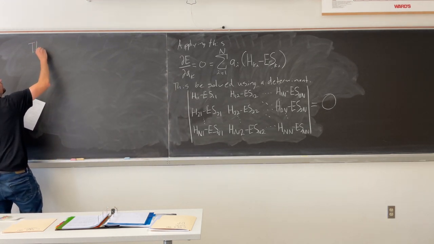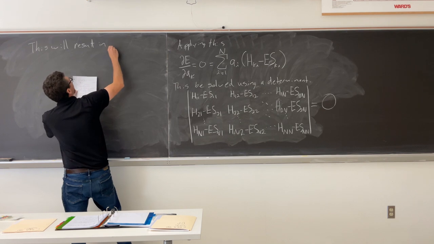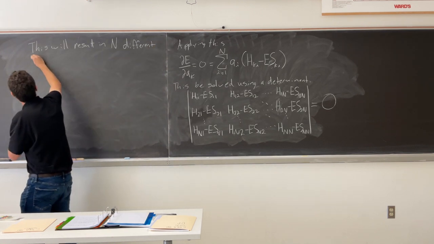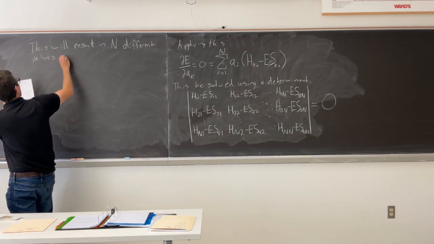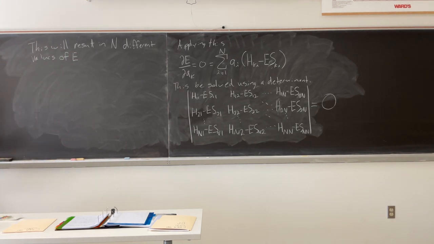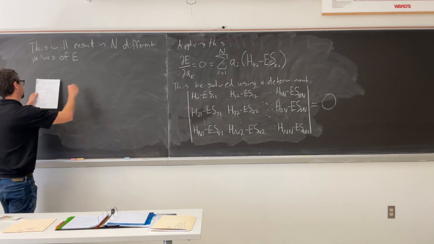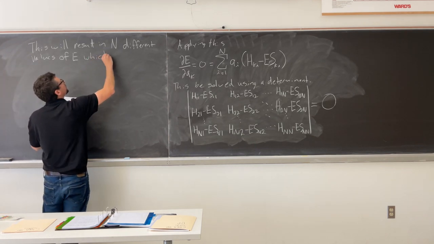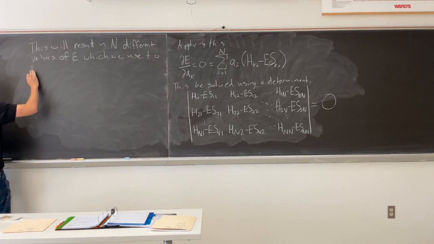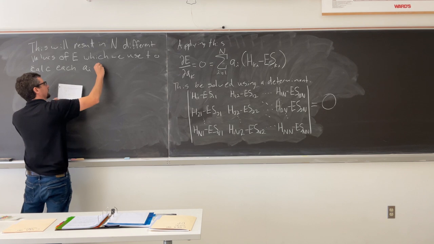What this will do, this will result in n different values of E. Then we use each of those values of E, we plug back in here to solve for our coefficients, which we use to calculate each case of psi_i.